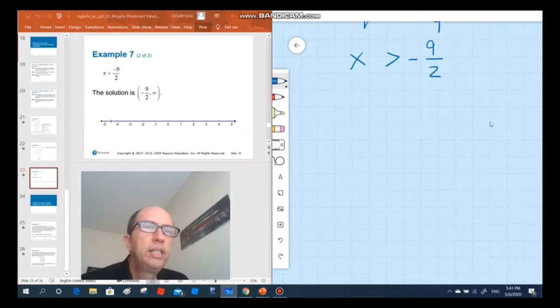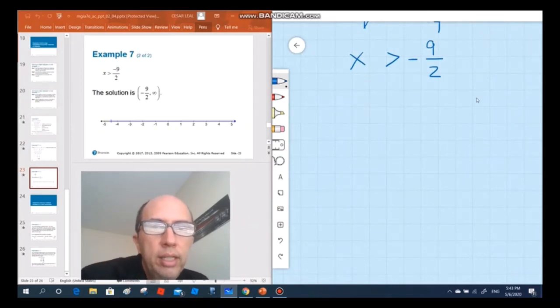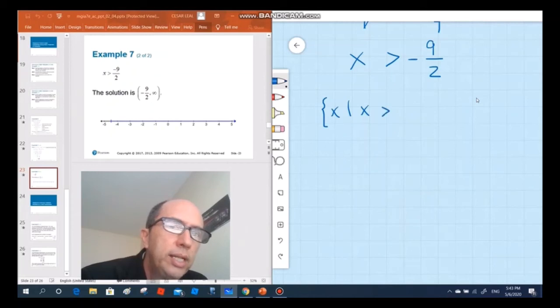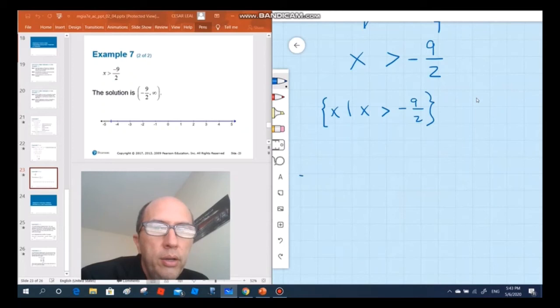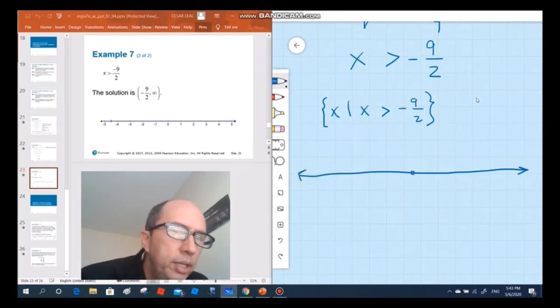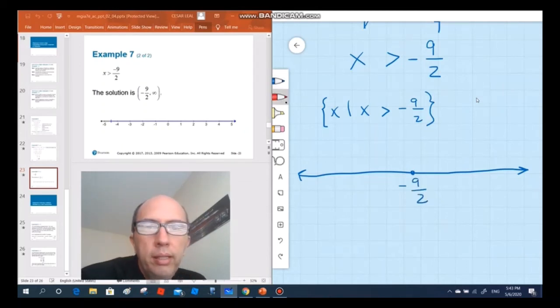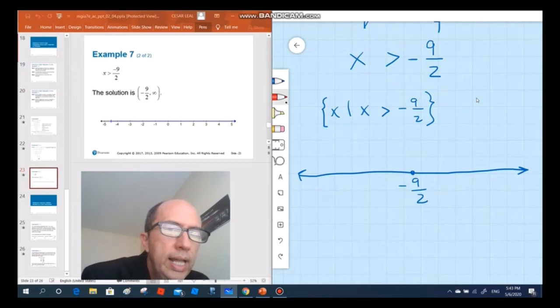Represent now using set notation: the set of x such that x is greater than negative 9 over 2. Graph notation, don't forget the arrow, and there's a point here, negative 9 over 2, using a different color. Negative 9 over 2 is not part of the solution, so parentheses, okay?